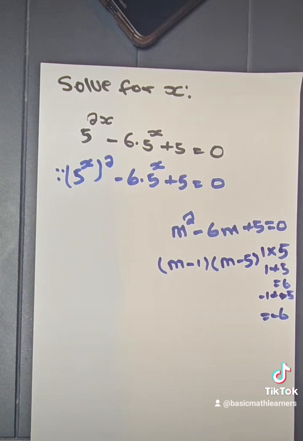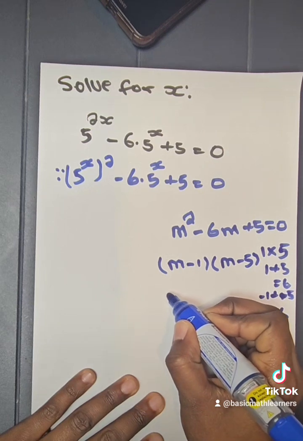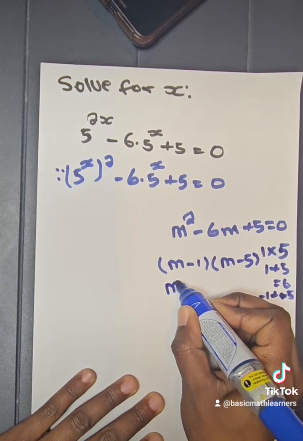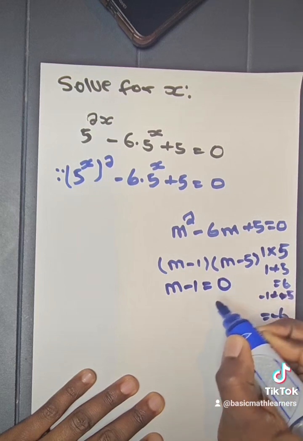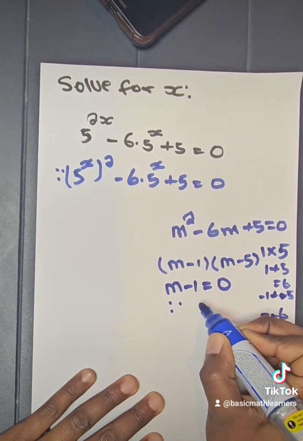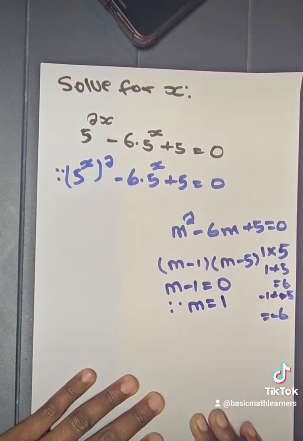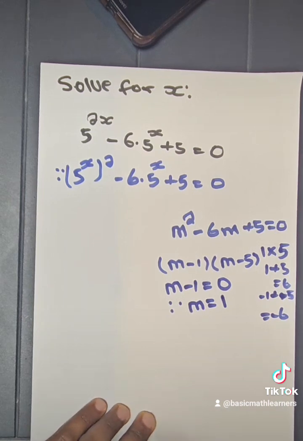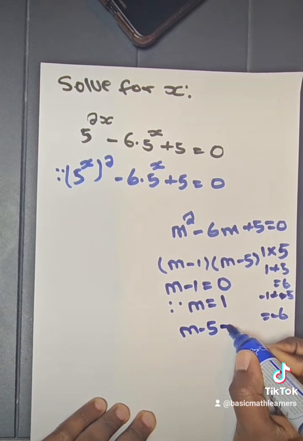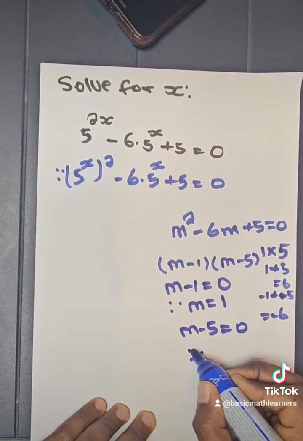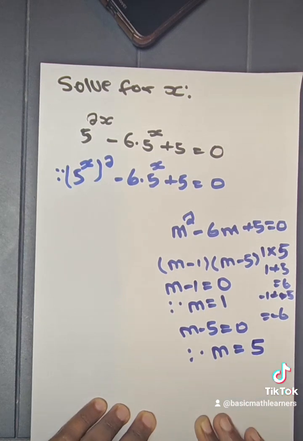Now we can solve it for m, and we will put each factor equal to 0. Therefore, we're going to start with the factor m minus 1. m minus 1 equal to 0. Therefore, our first factor gives us m equals 1. The second factor, which is m minus 5, will be m minus 5 equal to 0, which gives us m equals 5.